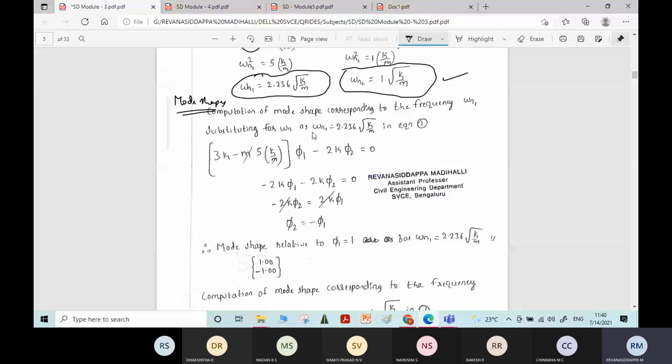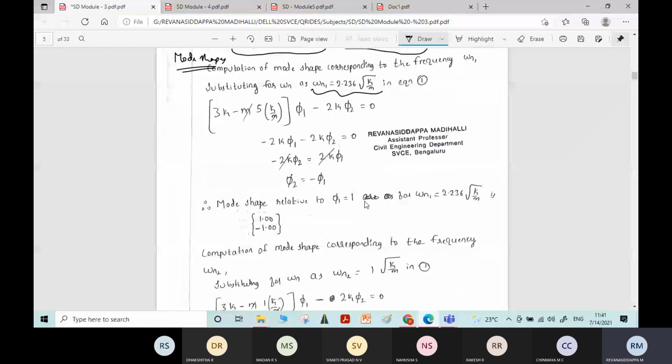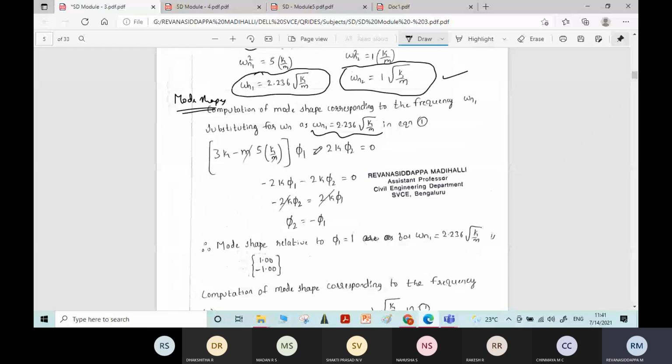The mode shape will be determined based on the equations formulated here. We got two equations now, and we will use these equations to find the mode shapes. First, we know the natural frequency value, the omega n1 value.